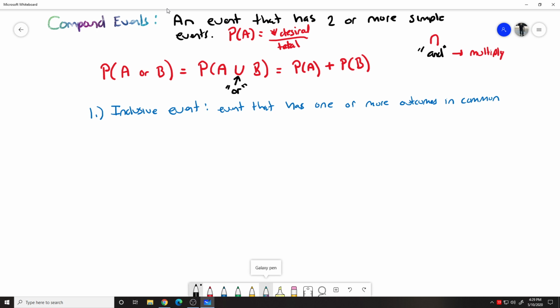But let me give you a really easy way. This is all you need to remember to figure out whether you're talking about an inclusive event or not. In any chart of data, let's just pretend this is some sort of chart of data. It doesn't matter what it is.